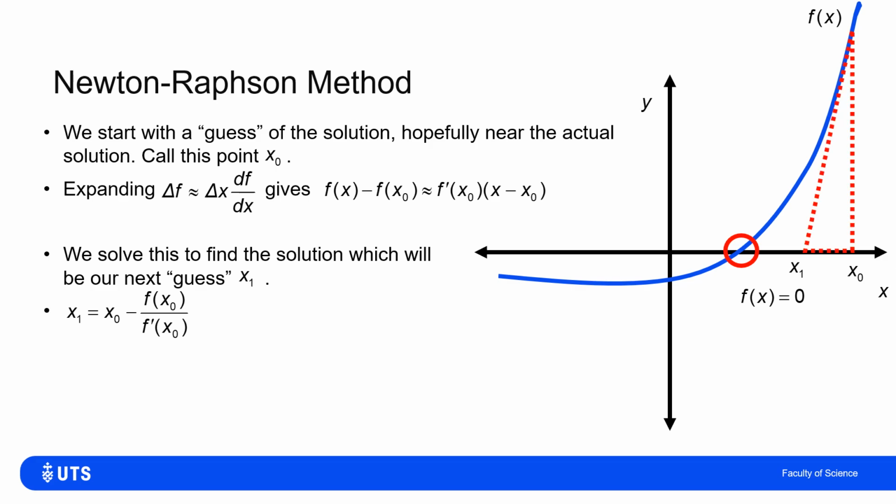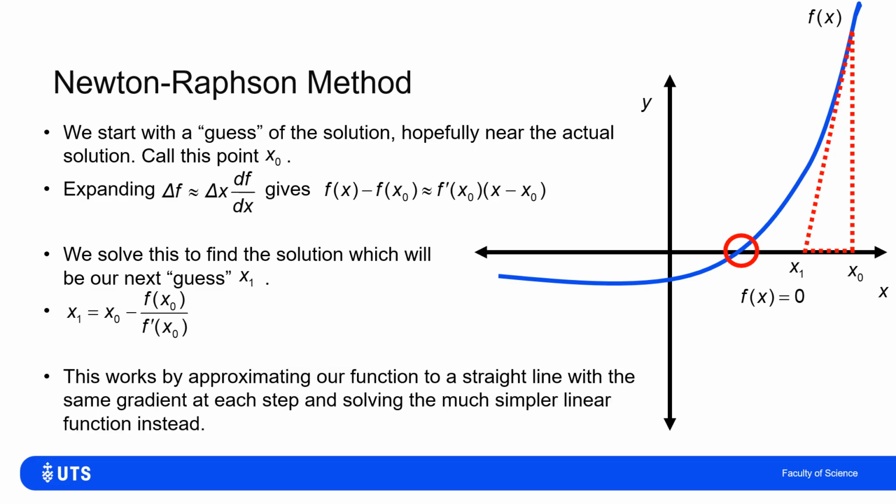Pictorially, it's approximating the function at x0 with a linear function, which meets the curve at f(x0) with gradient f'(x0), and it just extends the line down until it meets the axis. So in this case, x1 is closer to the true root of the equation f(x) = 0 than x0 was.